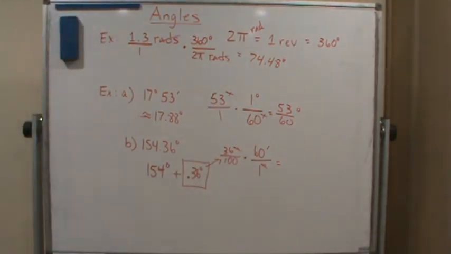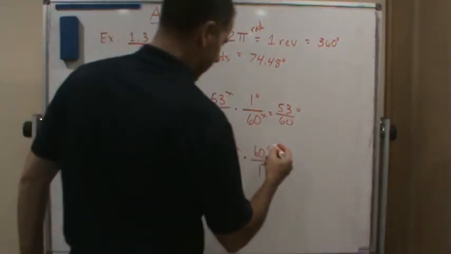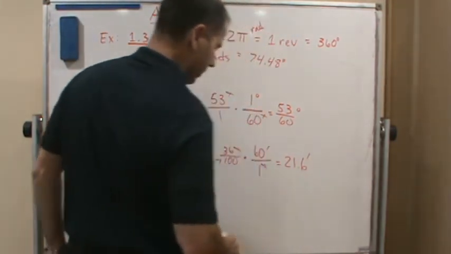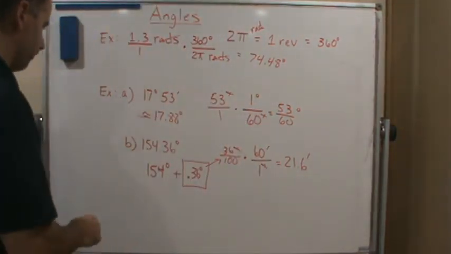If I take 36 times 60 divided by 100, I get exactly 21.6 minutes.